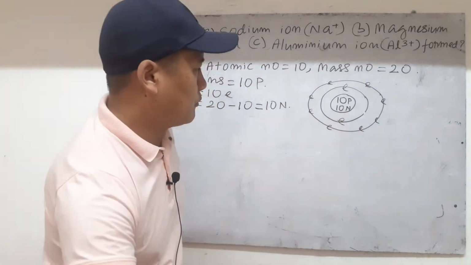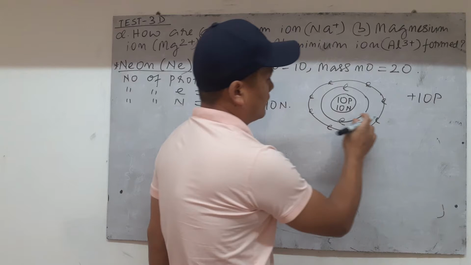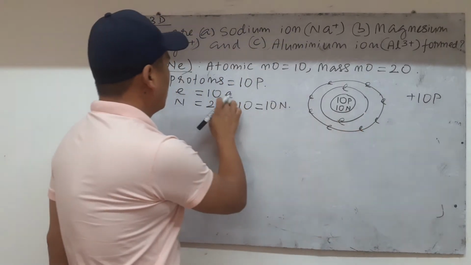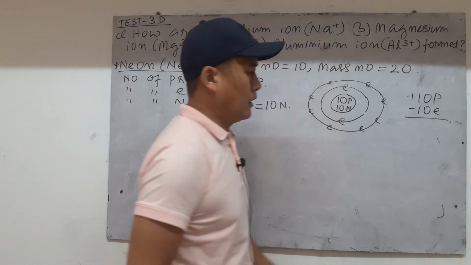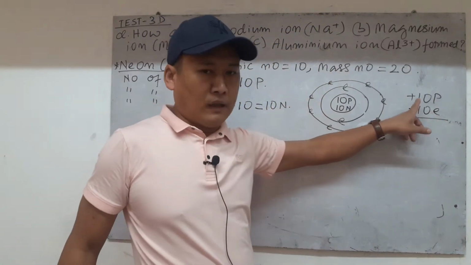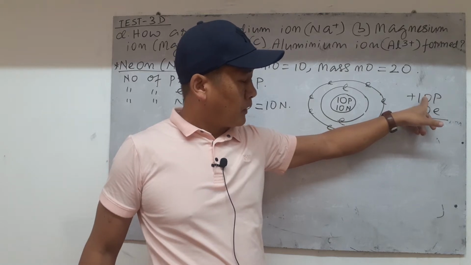It has 10 protons, meaning 10 positive charges, and 10 electrons, meaning 10 negative charges, because each electron carries one unit of negative charge and each proton carries one unit of positive charge.